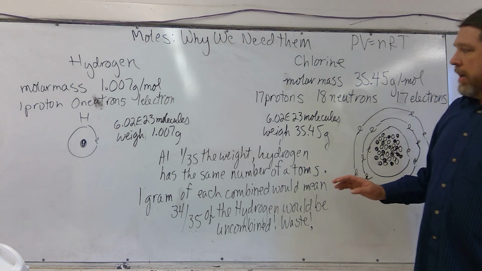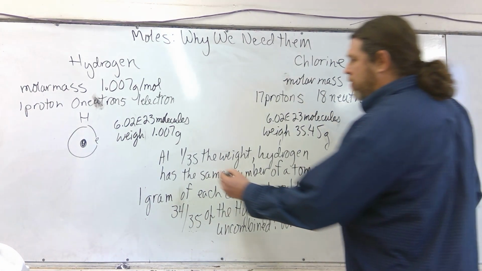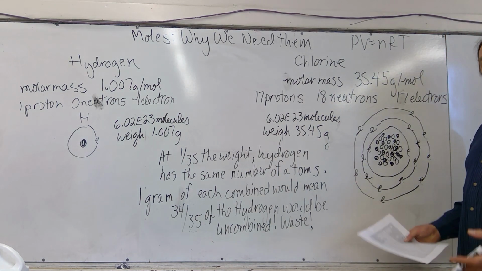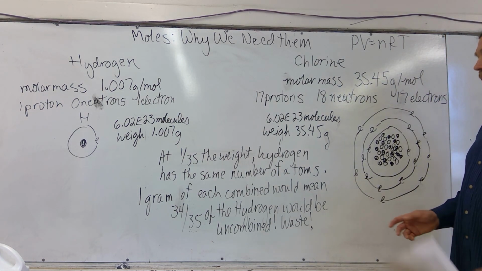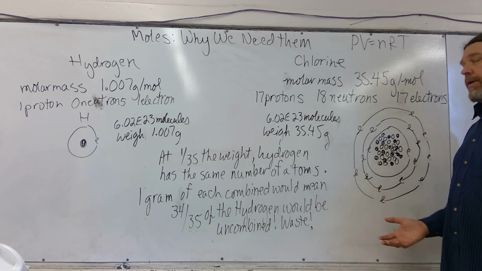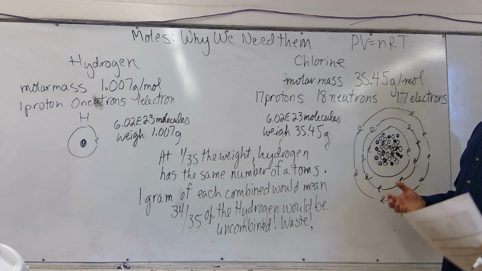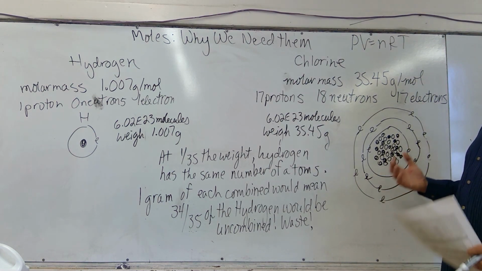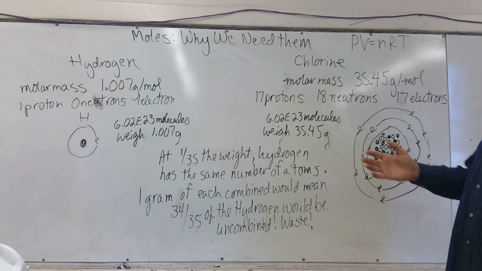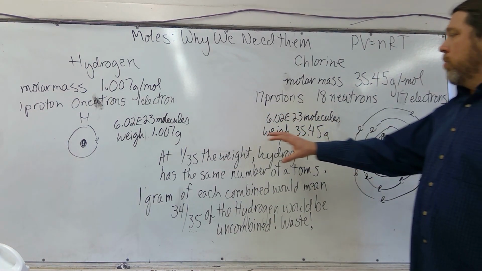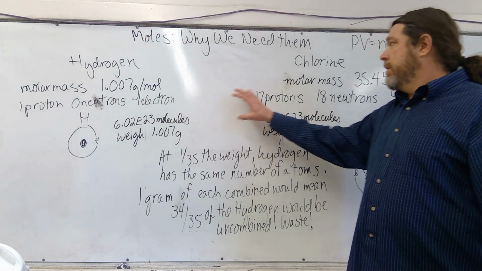So at 1/35 the weight, hydrogen has the same number of atoms, and thus if we mistakenly tried to combine 1 gram of each or 20 grams of each, that would not be very effective chemistry, because we're wasting a lot of material. In this case, we'd be wasting a lot of hydrogen, because we only need 1/35 the weight of this.